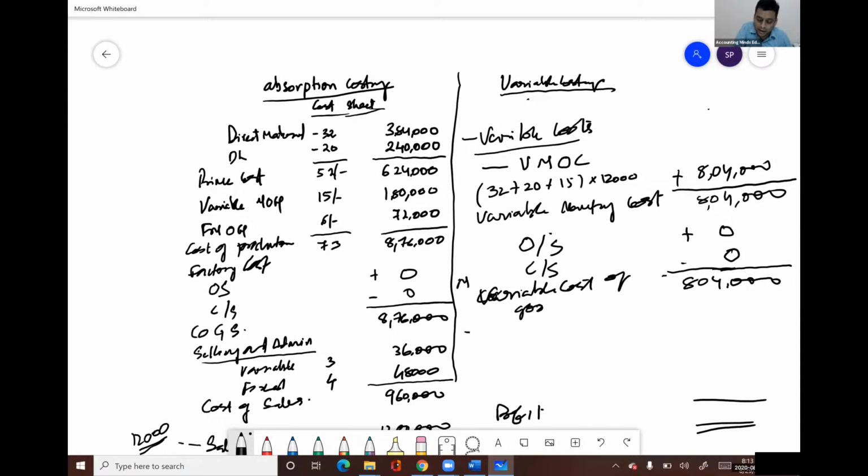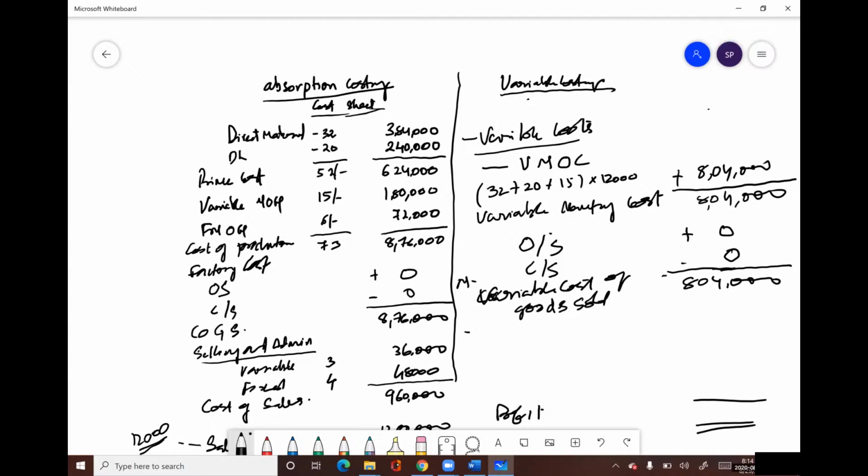Manufacturing variable cost of goods sold. Manufacturing variable cost of goods sold, right? All of you agree? Guys, make sense?